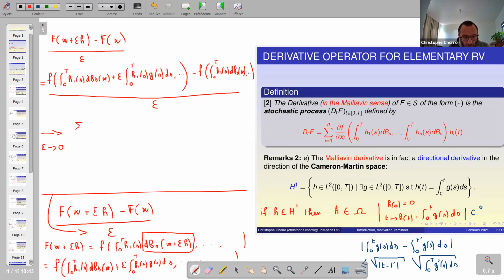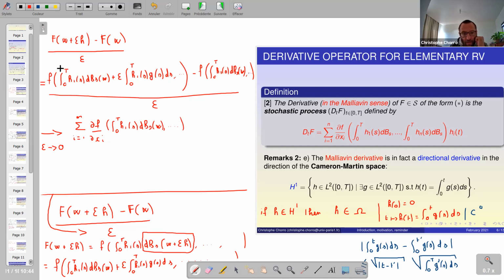And so I will obtain a sum from i equal to 1 to n of the derivative of small f with respect to xi, at the point with the Wiener integral inside. What happens for this one? The derivative at epsilon equal to 0, multiplied by the derivative of what I have inside at 0.